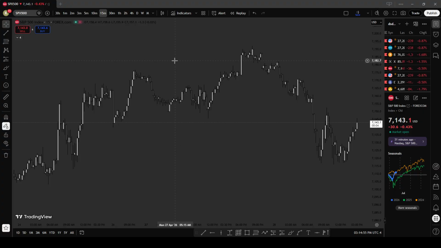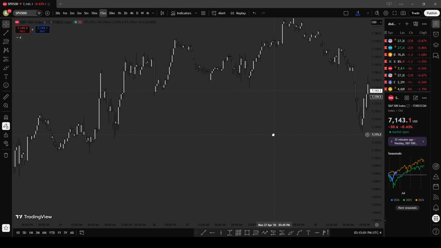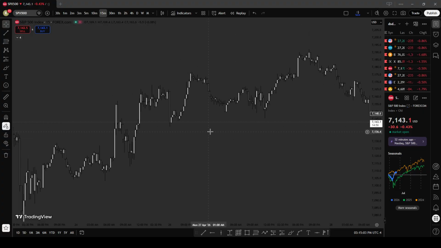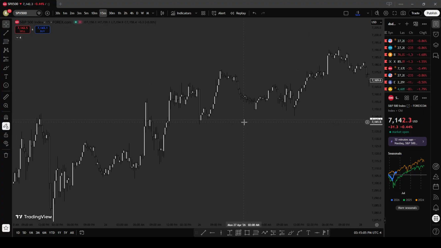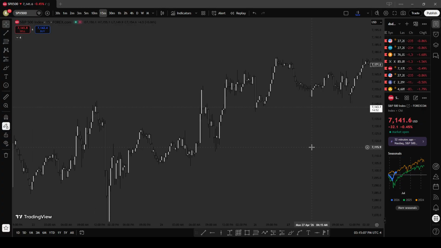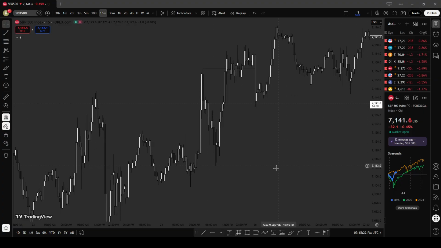Now, if we look here on the 15-minute time frame, what can we see? For example, we have an area of liquidity up here. And price is up here, it trades down, and as you can see, this right here is a fair value gap.